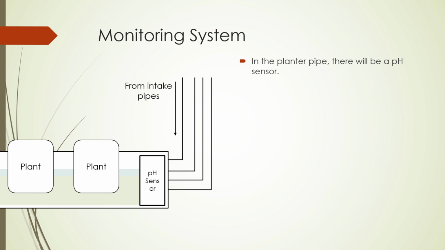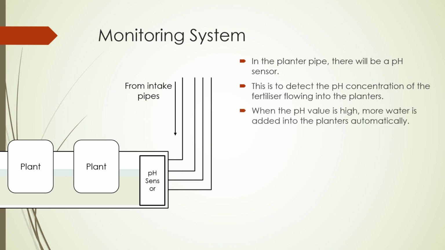For the pH sensor, there will be one sensor in the first layer of the pipe. Let's say there's too much fertilizer released into the pipe, the pH sensor will be able to detect if the reading is high. So when the value is high, it will let the water from the water tank flow more into the planter automatically.